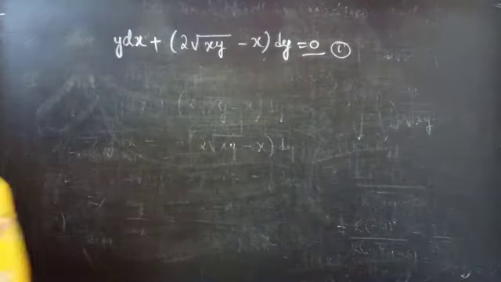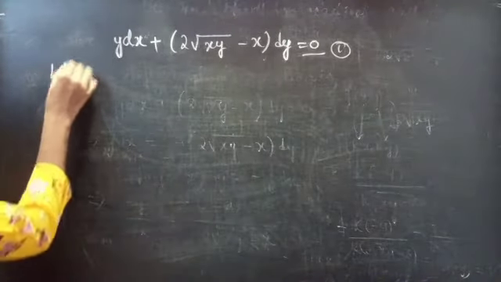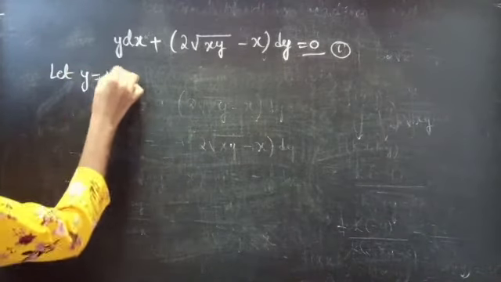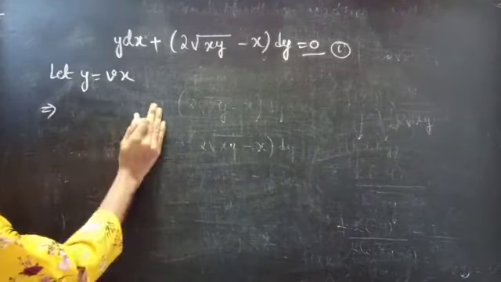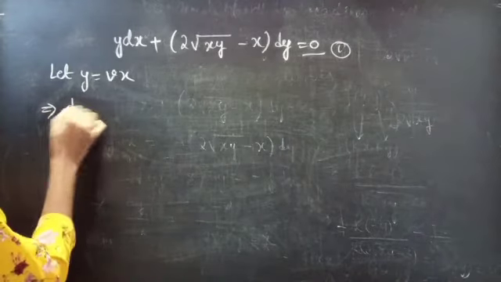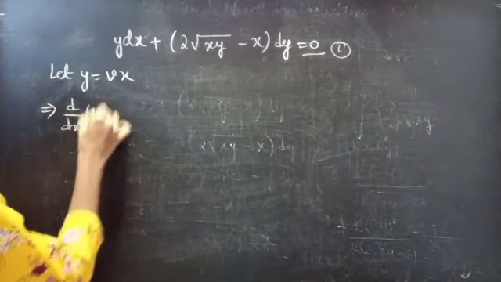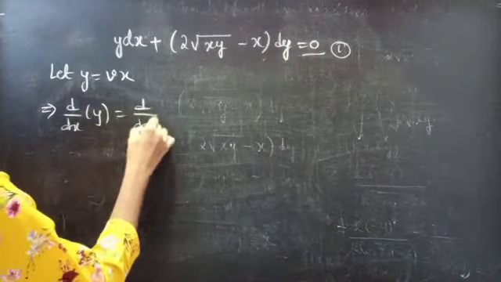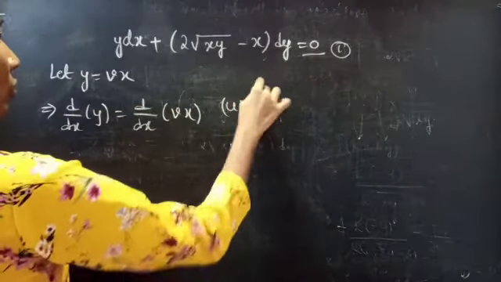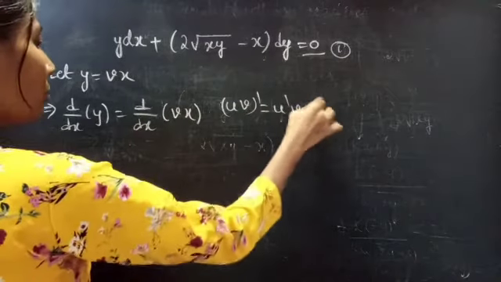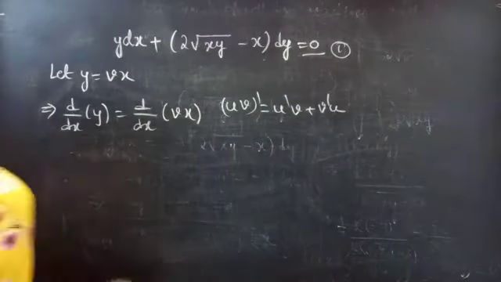Now, let y equals to vx. Now differentiate it on both sides with respect to x: dy by dx of y equals to d by dx of vx. We know that uv whole dash equals to u dash v plus v dash u.